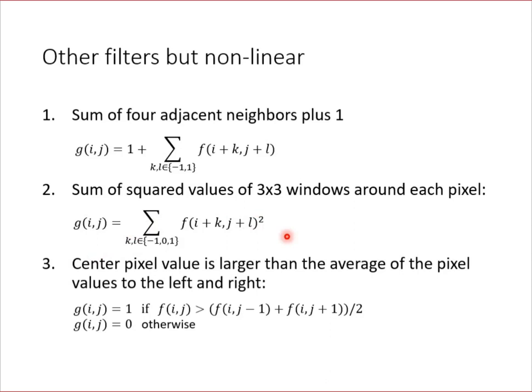So of course it is not linear. Or you can calculate the difference between two adjacent pixels. If it matches a certain criterion, then you set the result as 1. Otherwise, you set the result as 0. This is also a filter, but it is not linear.